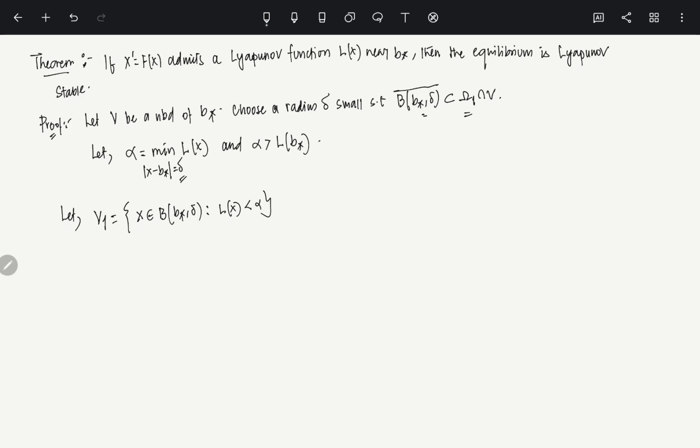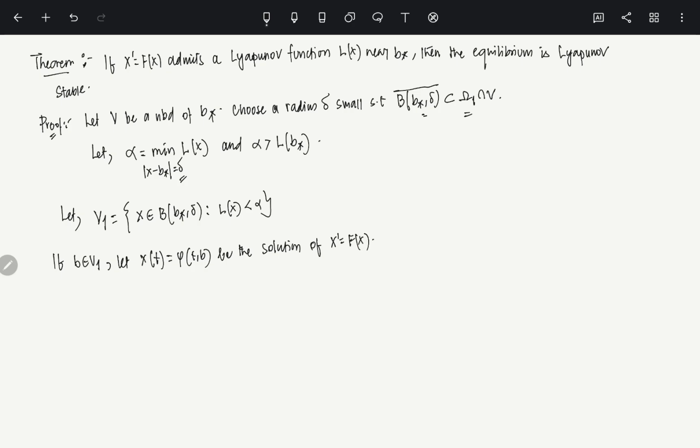This is our V1. Is it okay? Now, if B is in V1, I will define a new function x of t, which is phi of t b, to be the solution of x prime equals f of x.